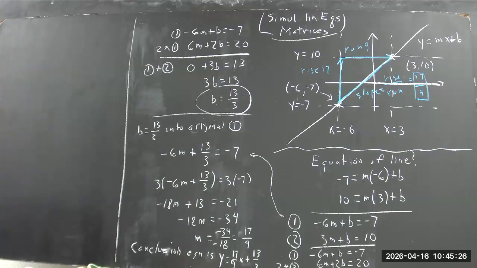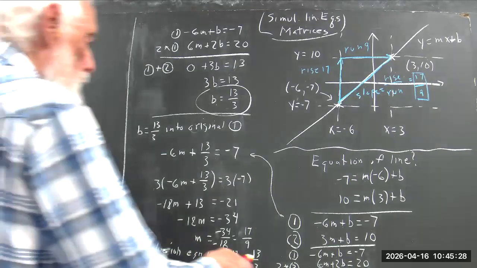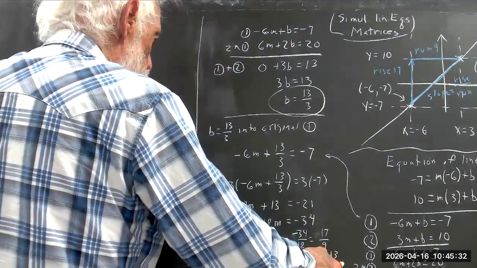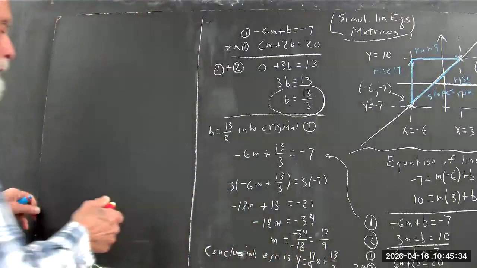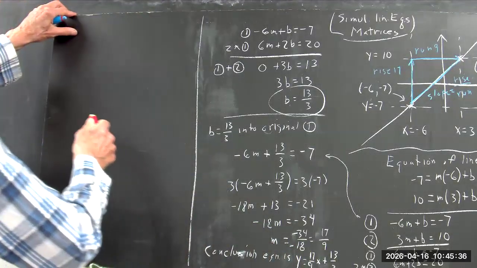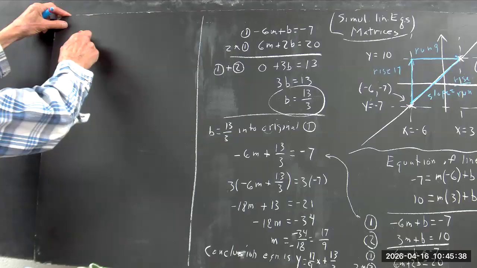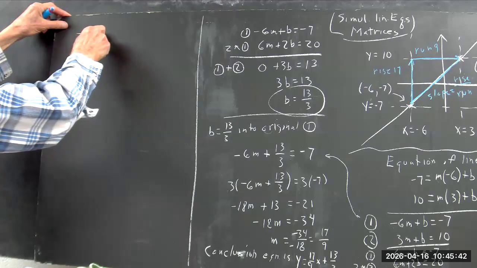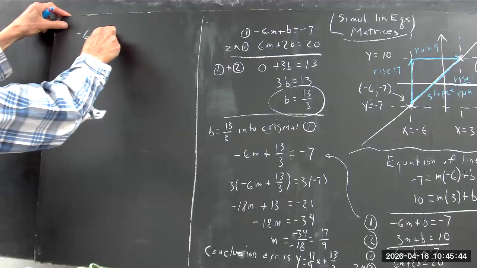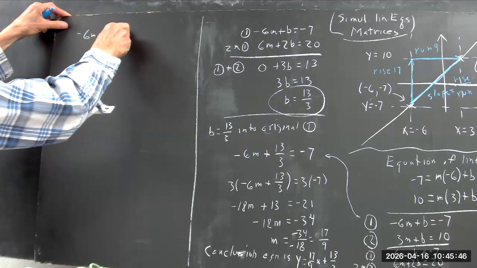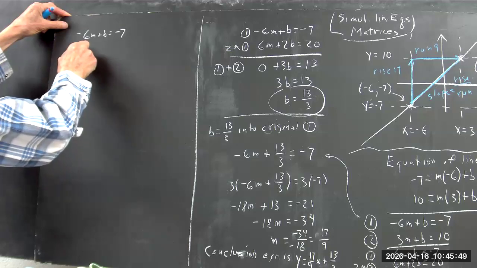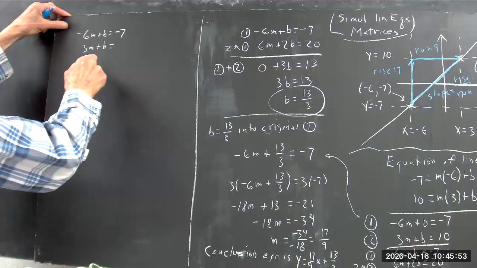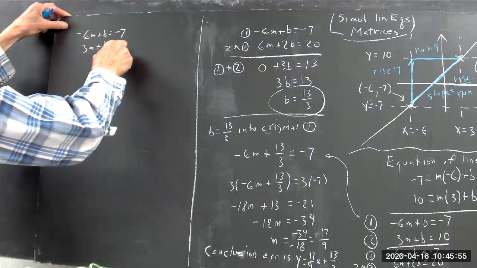Okay, now let's take the two equations that I wrote and write them again. My original two equations were -6m plus b equals -7, 3m plus b equals 10.